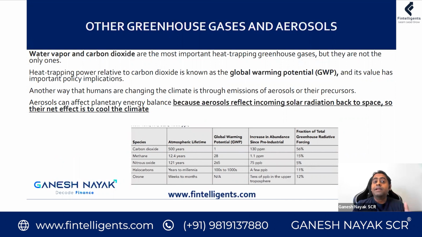It has a very strong ability of heat trapping, and that's why it also makes it a strong candidate for greenhouse gases. But when you look at the book and the table which they've shown, they have tried to highlight which gas has the highest global warming potential. We'll come to that term, but in this table, we don't see water vapor.